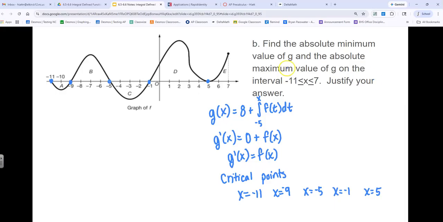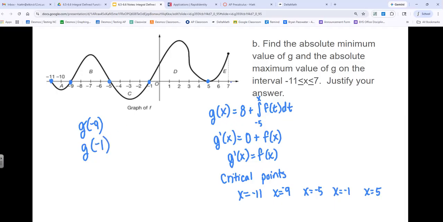Could I have a minimum like at negative 5 right here? My graph of f switches from positive to negative. That tells me I have a relative maximum, right? Can a relative maximum be an absolute minimum? No. So you would want to check g of negative 9, you need to check g of negative 1.